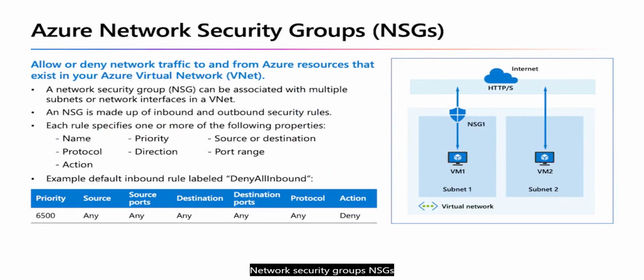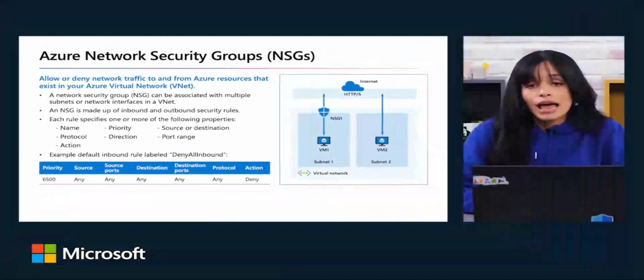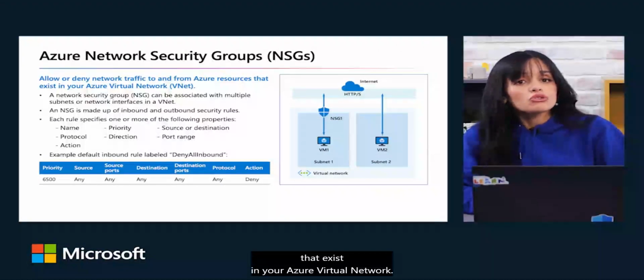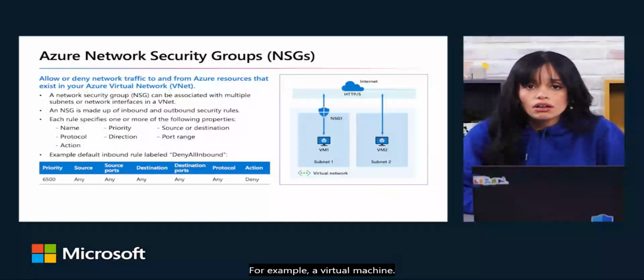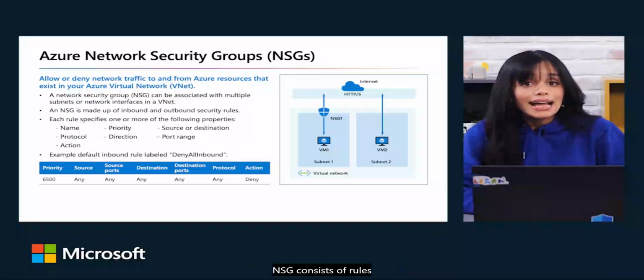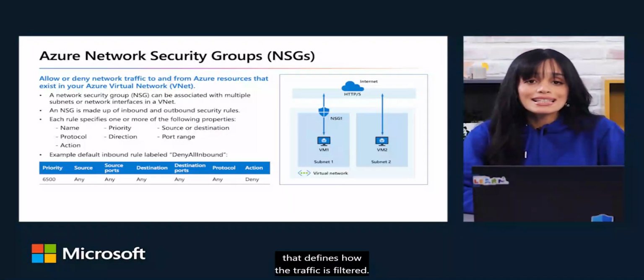Network security groups, NSGs, let you allow or deny network traffic to and from Azure resources that exist in your Azure virtual network, for example, a virtual machine. An NSG consists of rules that define how the traffic is filtered.